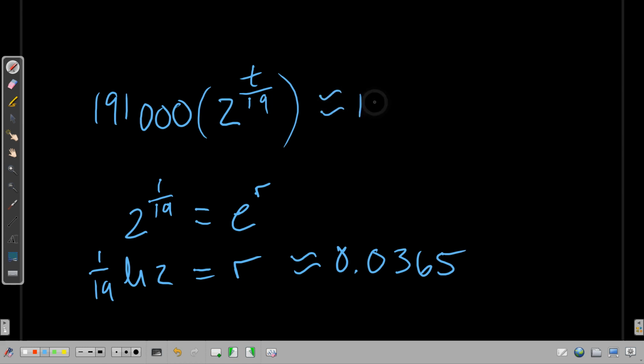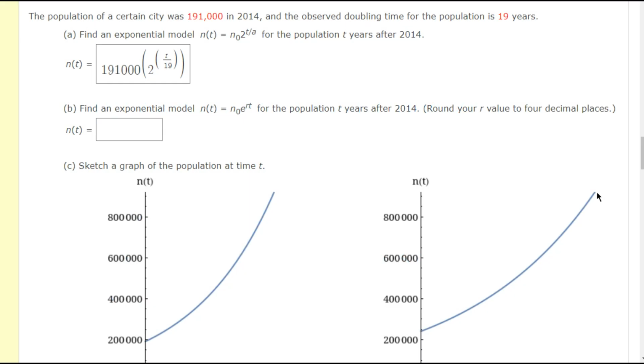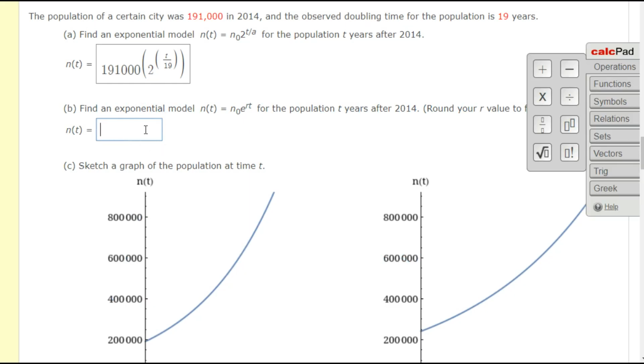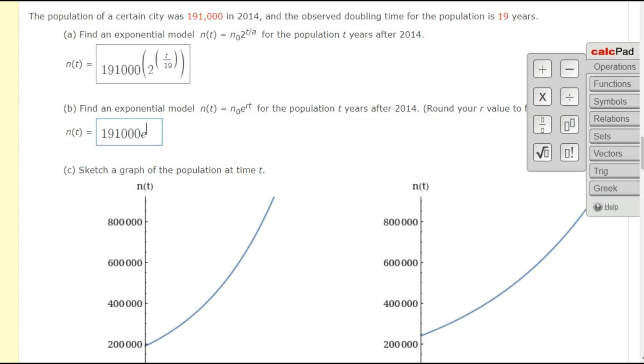So this would be pretty much identical to 191,000 e to the 0.0365 t. And then I'm giving it to you as a rate of growth instead of the time between doublings. It's 191,000 e to the power of 0.0365 t.